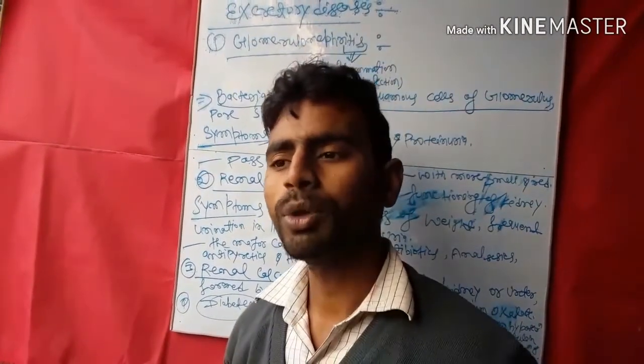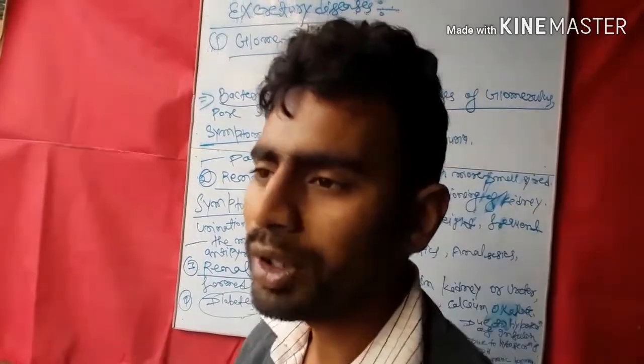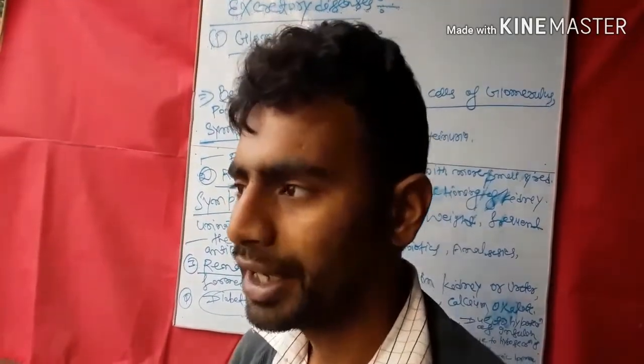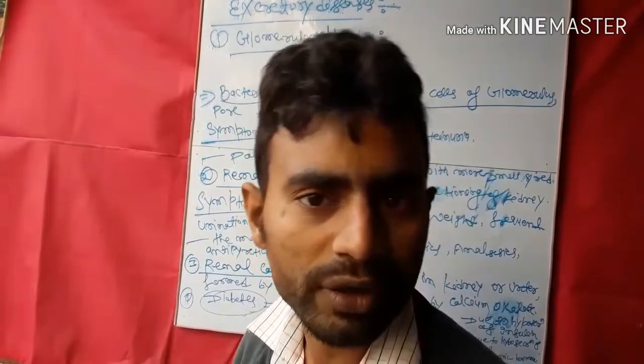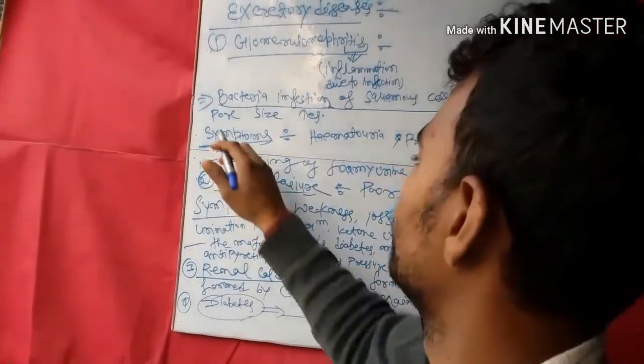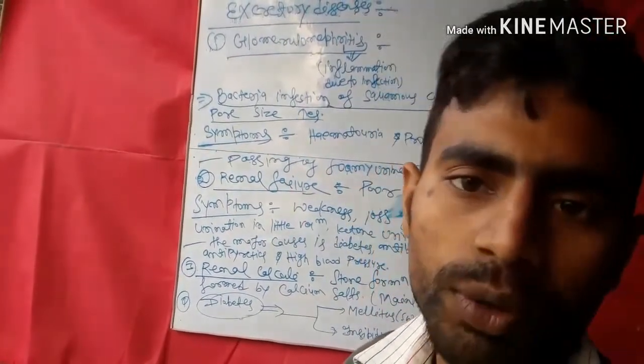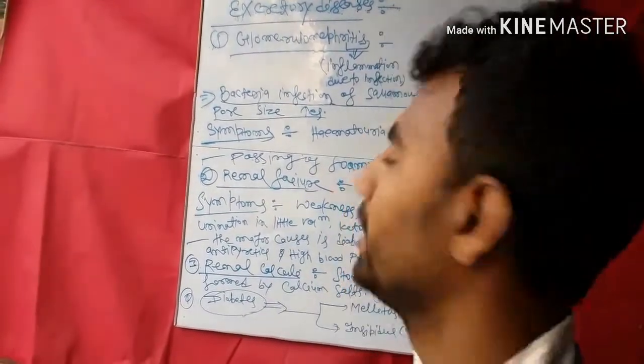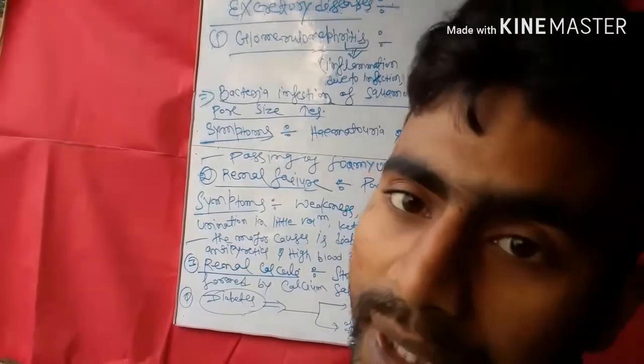If the glomerulus, which is a part of the nephron, is affected, then the pore size in it increases.